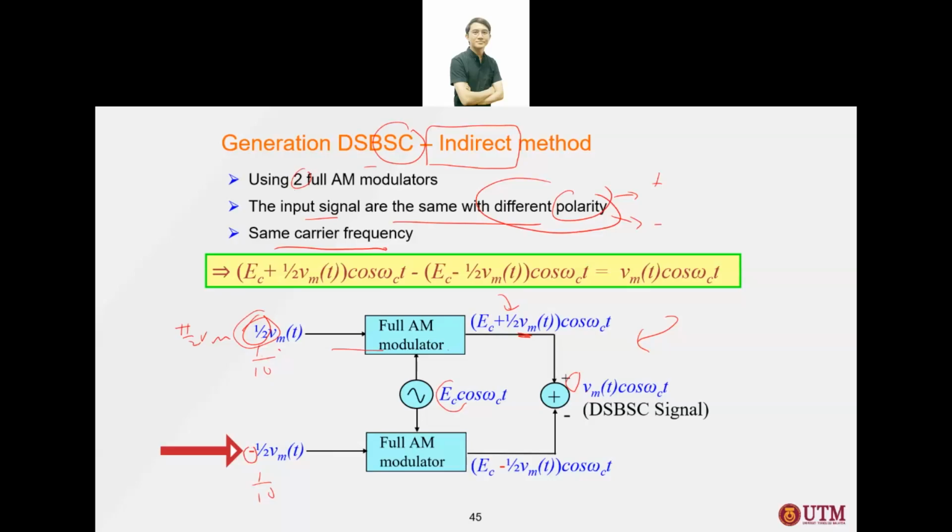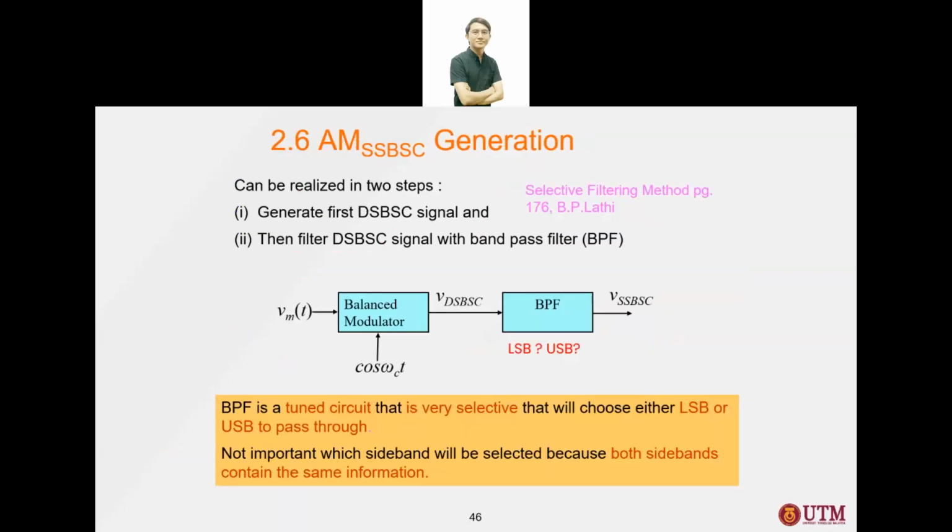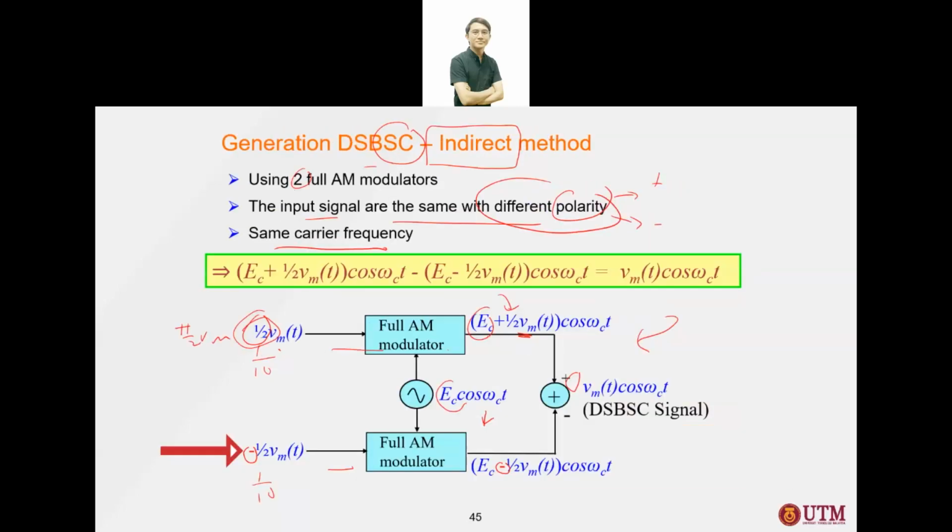Going through the same process again, Ec cos omega c t mixed with negative half Vm(t), you're going to have minus. However, if you notice, this one is Ec plus, and the other is minus Ec, combined with this one.